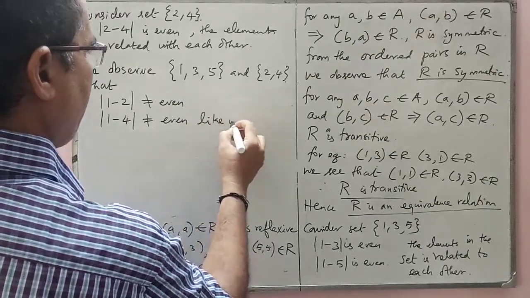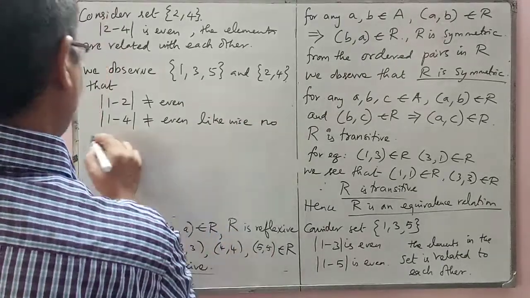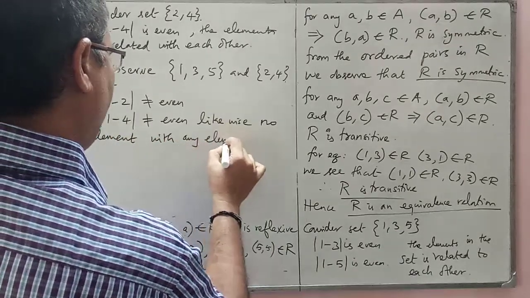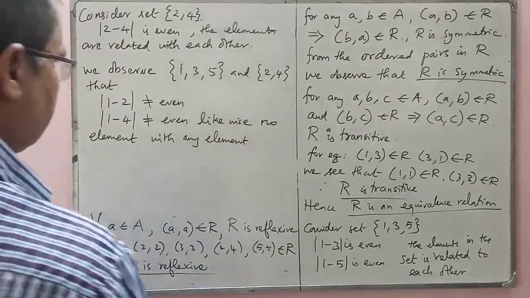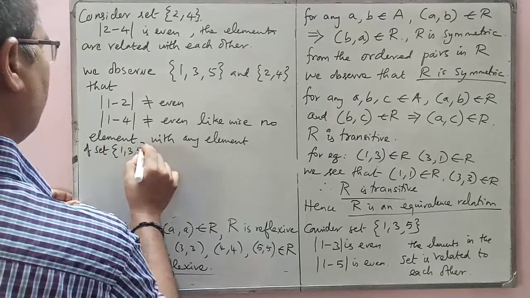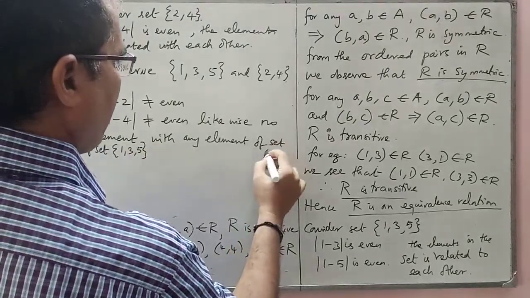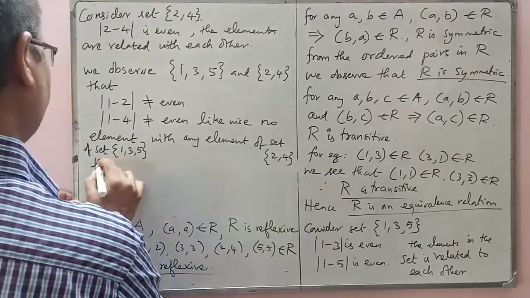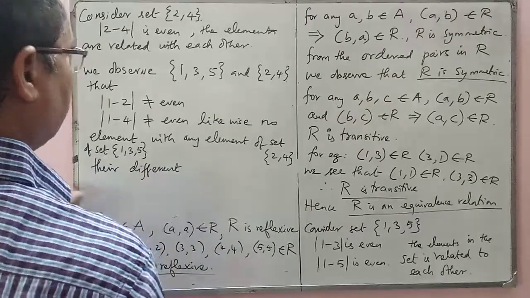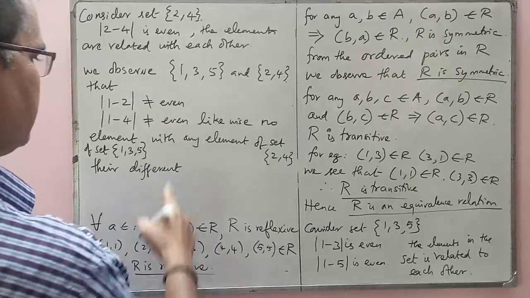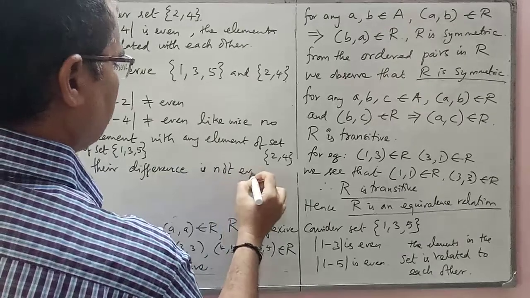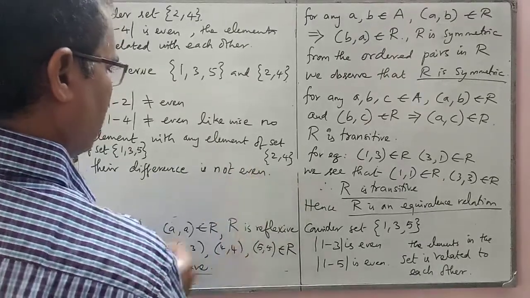Likewise, no element of set {1, 3, 5} with any element of set {2, 4}. The difference is not even.